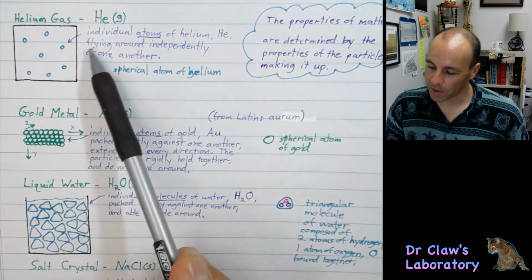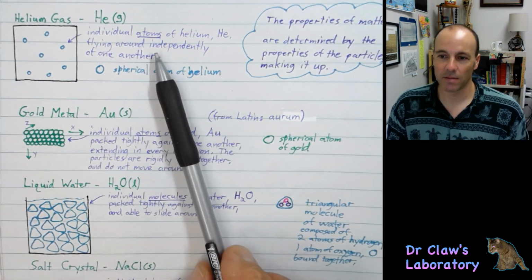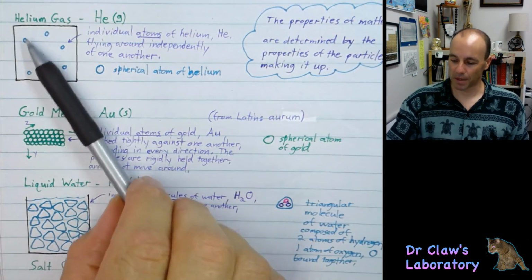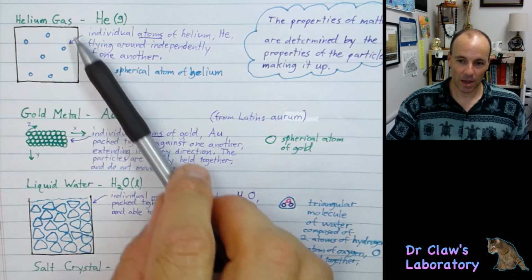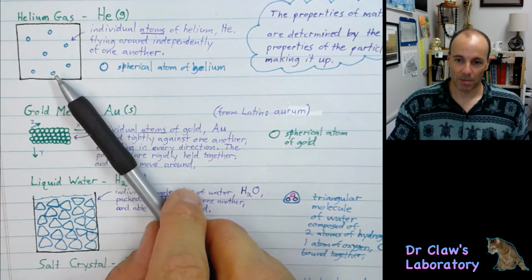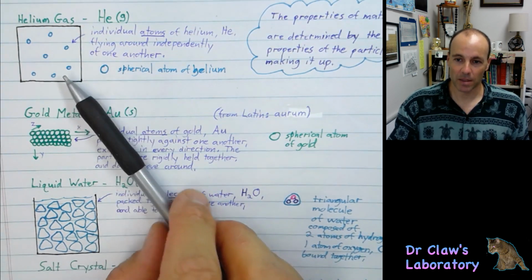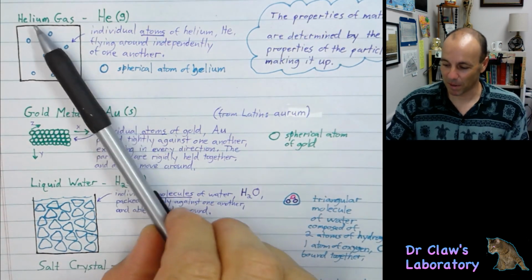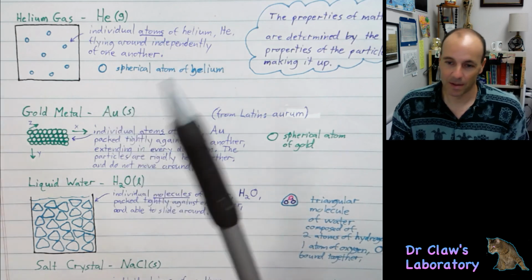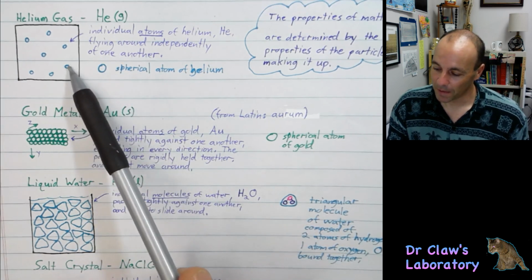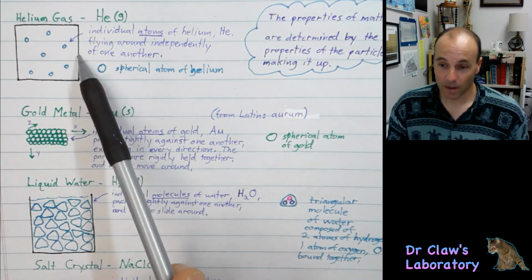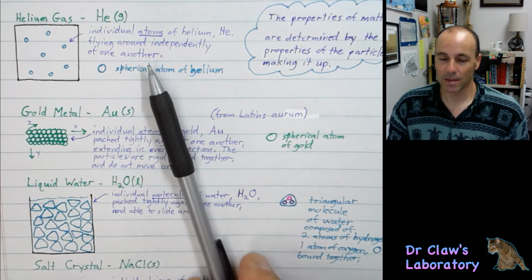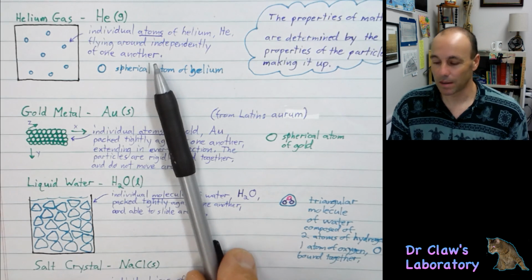Now these atoms are all flying around independently of one another. And in the gas phase, the atoms are very far apart from one another. There's a lot of space. It's kind of like a bunch of balls floating around in space, and every once in a while one ricochets into another one. So a couple of these atoms might collide together. Further, the atoms of helium all look the same, and they're all pretty spherical. We can't see the atoms, but there are ways to detect that it's spherical.